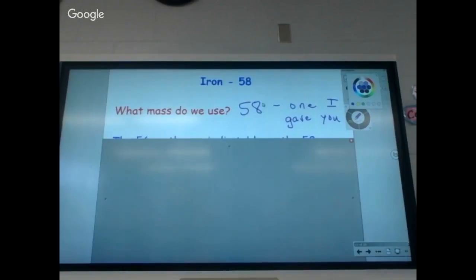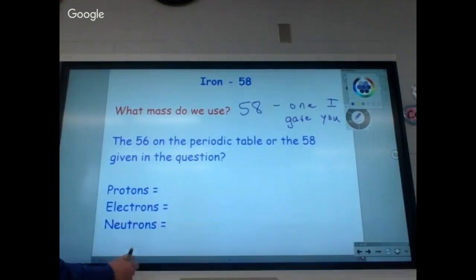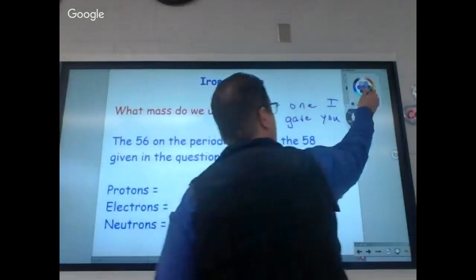No, that is one particular isotope they want you to use. Do you use the number that's in the question? Does that make sense? Okay? But 55.85 is an average. You use whatever number's in the question. So when you go solve, you just use what I gave you. All right? So we use the 58.